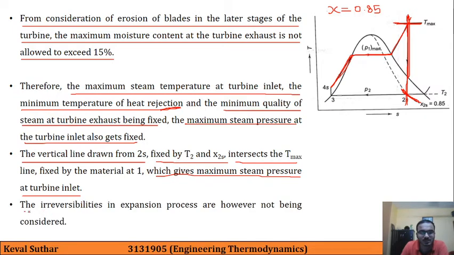Here the irreversibilities in the expansion process are not being considered, that is, the actual process will be something like this, which we have seen in our previous lecture.